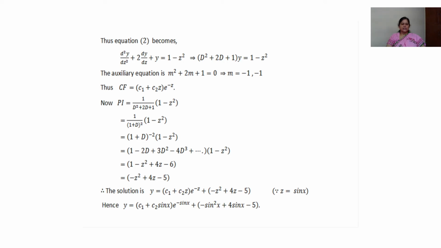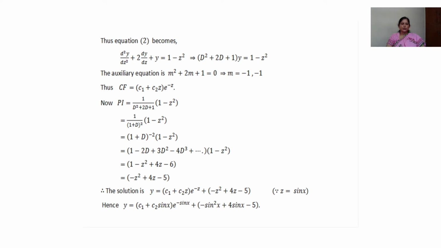This is multiplied into 1 minus z square. Here our algebraic function is 1 minus z square, so maximum we can differentiate 2 times. That's why we can take the first 3 terms, that is 1, minus 2d term, plus 3d square term. If 1 is multiplied with 1 minus z square, we will get 1 minus z square.